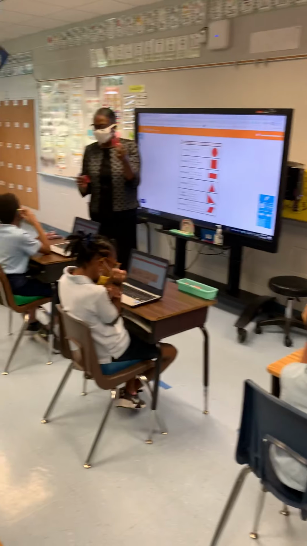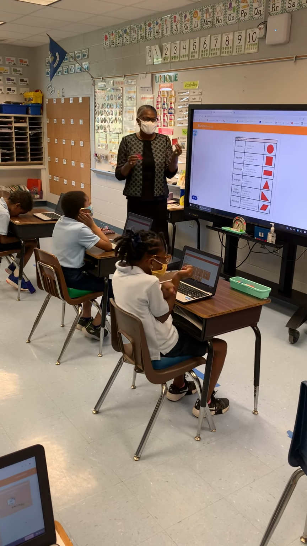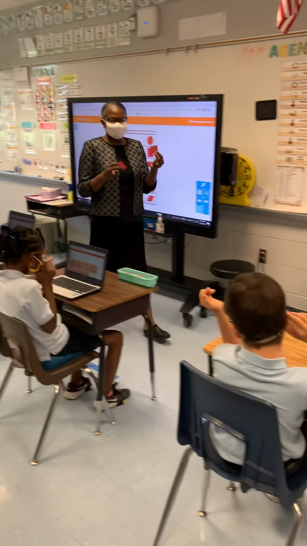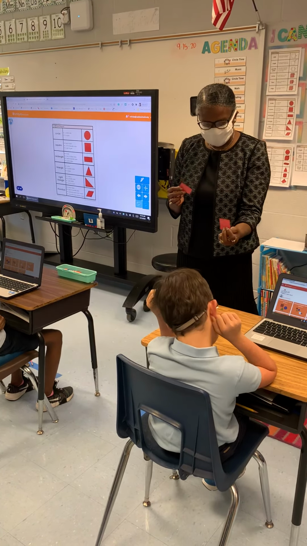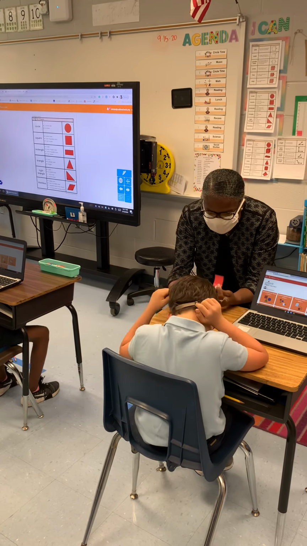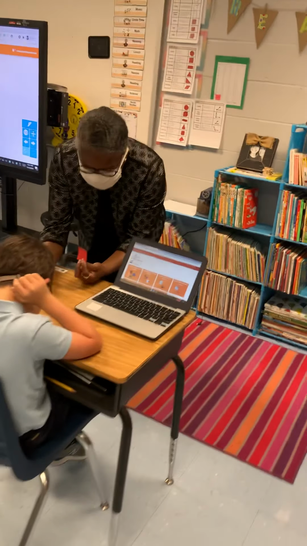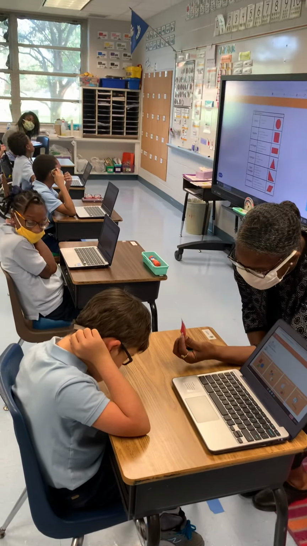What can you tell me? All 4 sides, are they the same or are they different? Gabe, are all 4 sides the same or different on a square? Are they all the same or are they different? No, they're not the same. They are the same on a square, right?